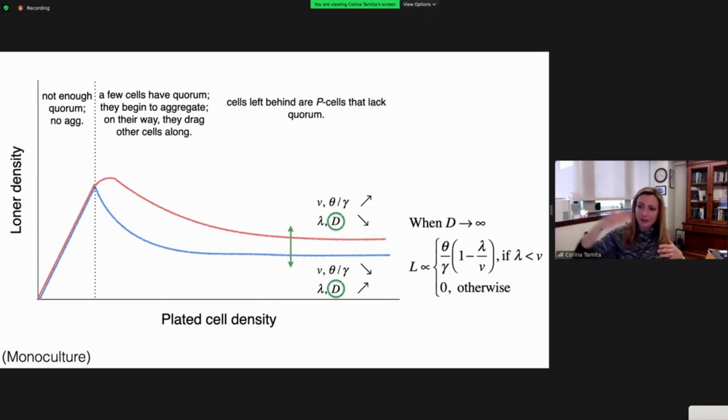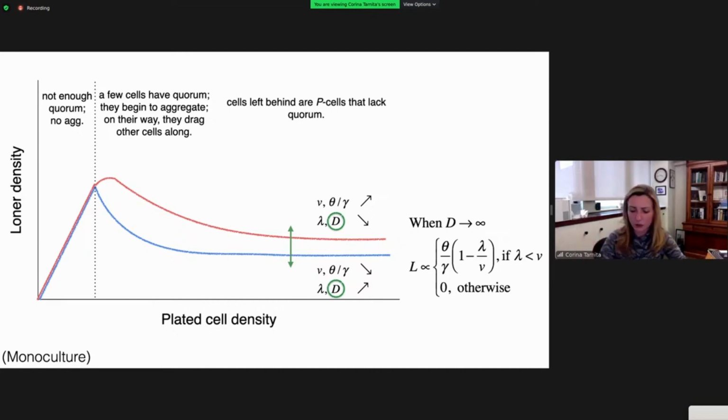And so the faster the velocity of the aggregating cells, the more loners we should see behind. On the other hand, the slower those aggregating cells are getting away, the longer they persist wherever they are and continue to emit signal and therefore maintain quorum for everyone else, so that the others have more time to keep flipping the coin and making the decision to aggregate themselves.